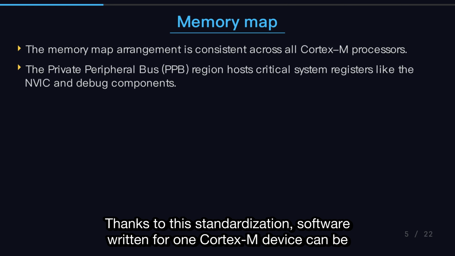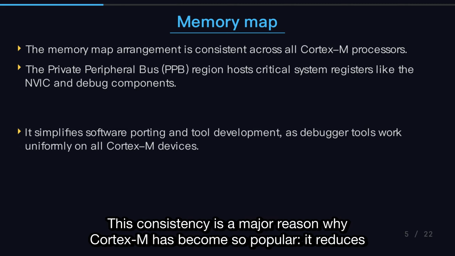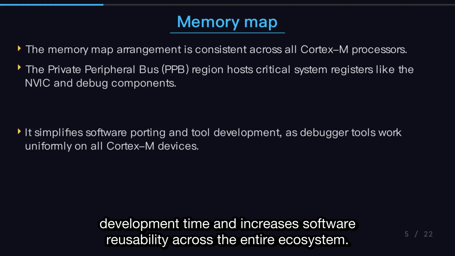Thanks to this standardization, software written for one Cortex-M device can be easily ported to another, and debug tools can rely on fixed addresses for common debug components. This consistency is a major reason why Cortex-M has become so popular. It reduces development time and increases software reusability across the entire ecosystem.